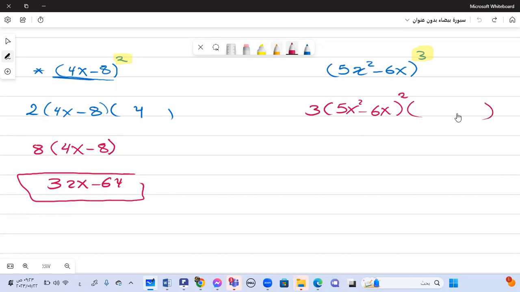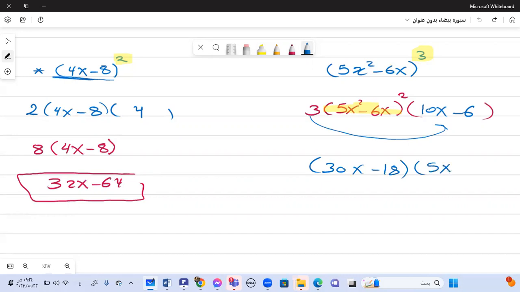What is the derivative for the inside function? 10x minus 6. Okay, we should make distribution for the smallest bracket with the number. So you can write 30x minus 18 multiplied by 5x squared minus 6x to the power of 2. This is the final answer.